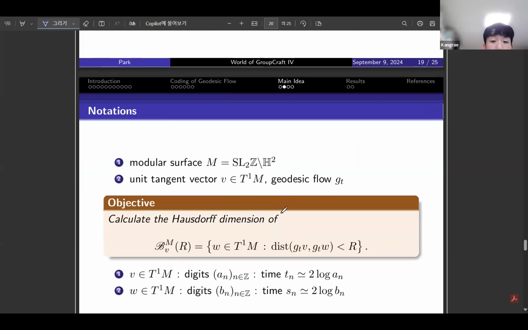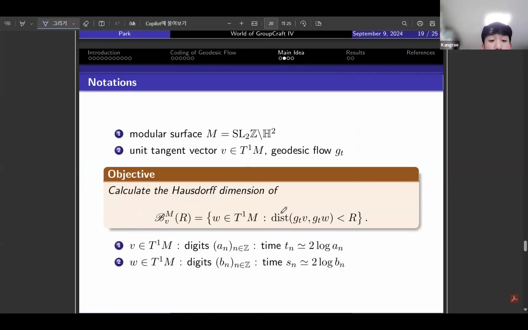For v, we have a corresponding geodesic, and from this geodesic, we had continued fraction digits a_n, and the excursion time T_n was similar to 2 times log of a_n. Similarly, for w, note that we have digits b_n, and let the excursion time be S_n, and S_n is similar to 2 times log of b_n.